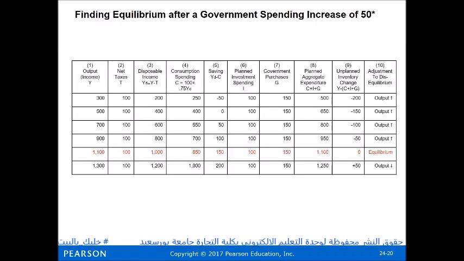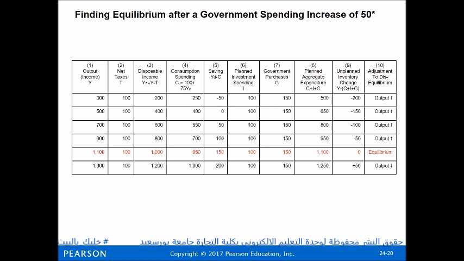The table we have here shows how to find the equilibrium level of income as a result of an increase in the value of G by 50, or simply if delta G is equal to 50.